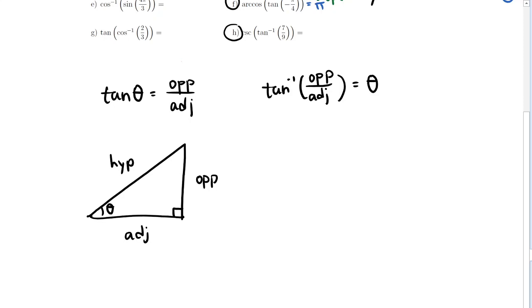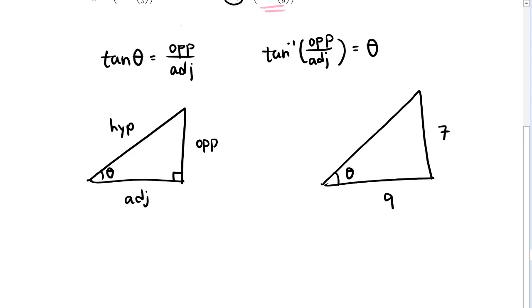So here, if I take inverse tangent of 7 over 9, this is like saying if I have an angle theta here, and an opposite side length of 7, an adjacent side length of 9, tangent inverse of 7 over 9 is going to give us back this angle.